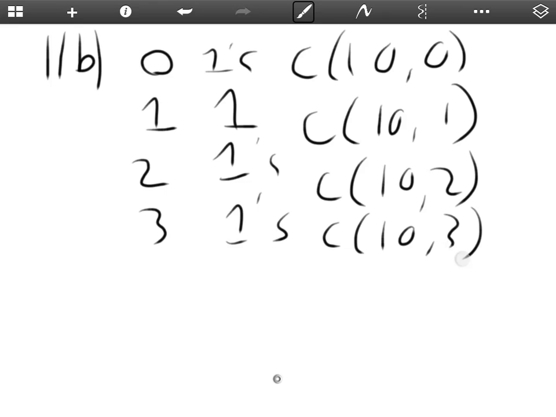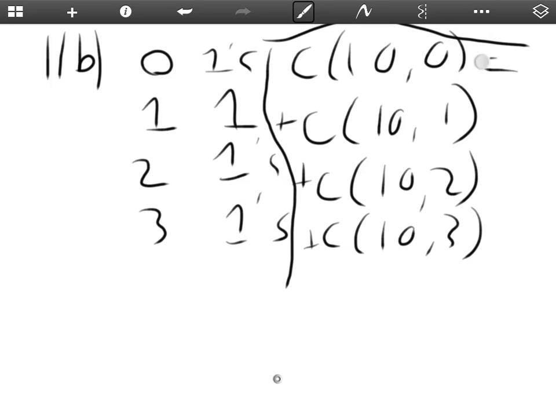Taking C of 10 3 is going to give us 10 options taken 3 at a time. That's not a very good way to put it, but what are you going to do? And so we're going to add all 4 of these up.